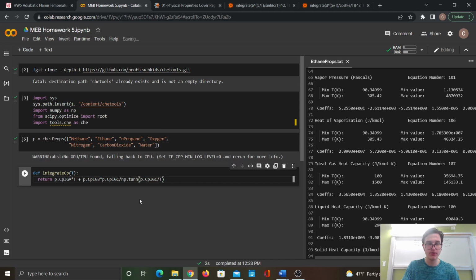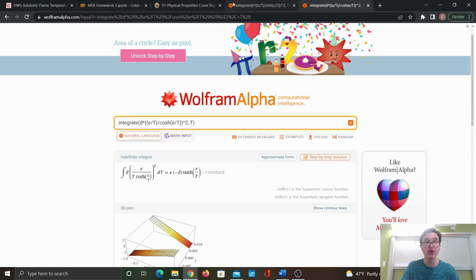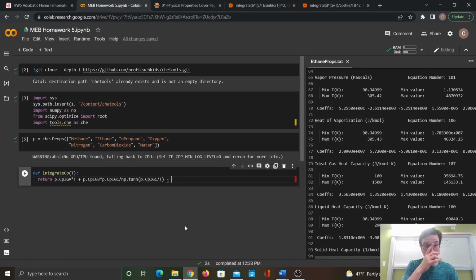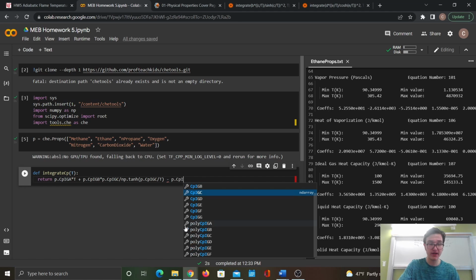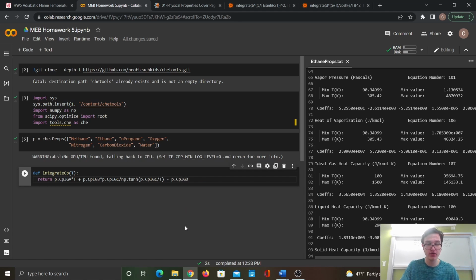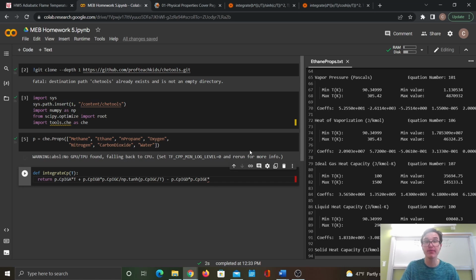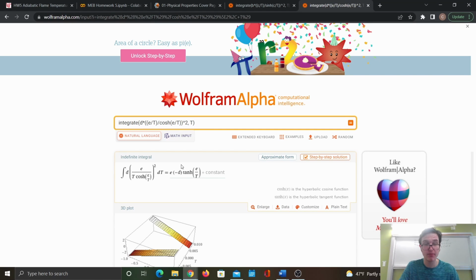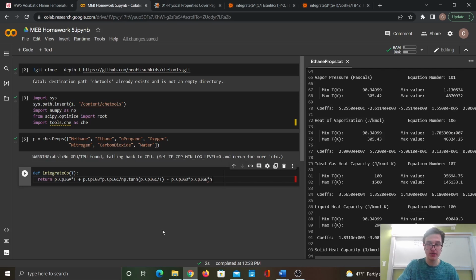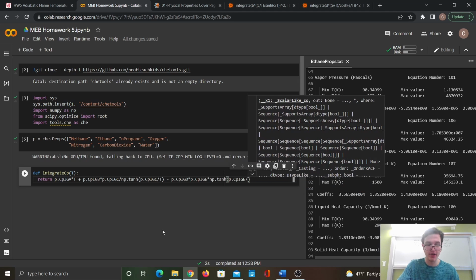And then we want to subtract, because if you look at this, this is negative, D multiplied by E. So P.Cp Ig, the D coefficient, multiplied by the E coefficient, and this is again multiplied by the hyperbolic tangent, np.tanh, of the heat capacity E divided by temperature.